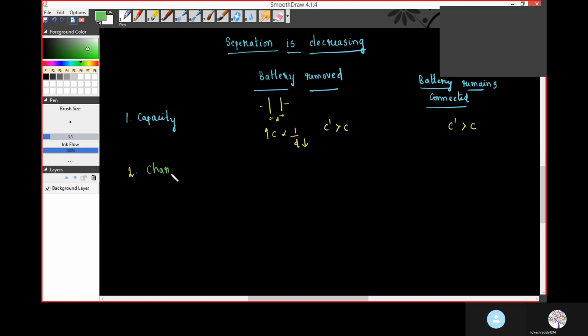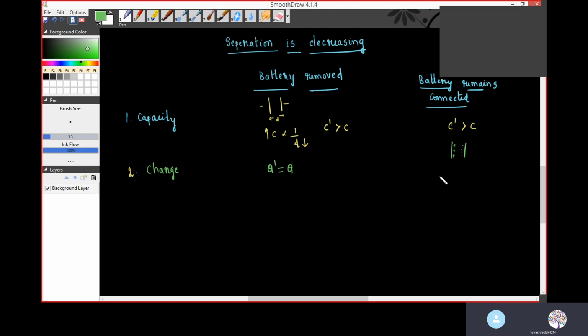Now the battery is removed, the charge is conserved, charge remains the same. When the battery is not there, Q dash is equal to Q. Now here, the capacity got increased, which means now it can store more electrical charge.